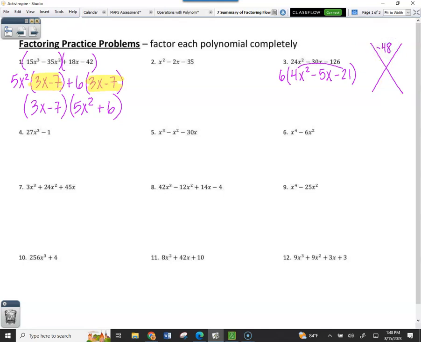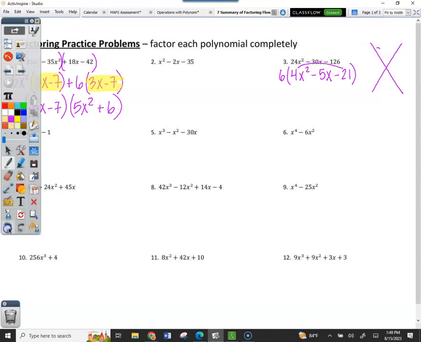Oh my word, sorry. 4 times negative 21. I definitely transposed them. And then b is negative 5. So factors of negative 84 that add up to negative 5. You probably have to guess and check here. Yes, 12 and 7.